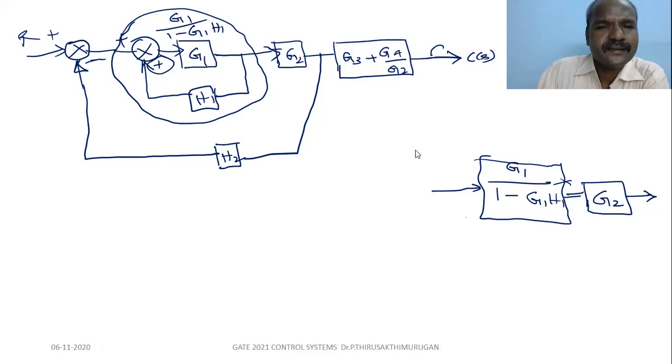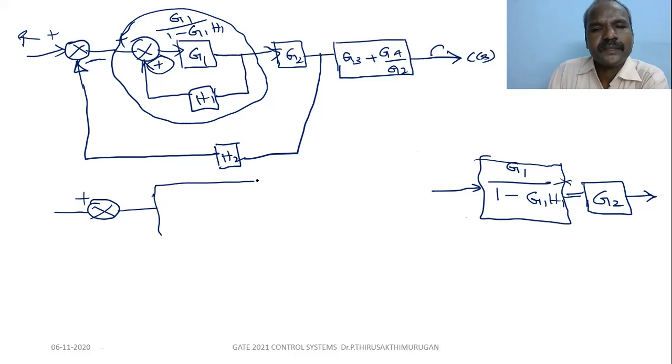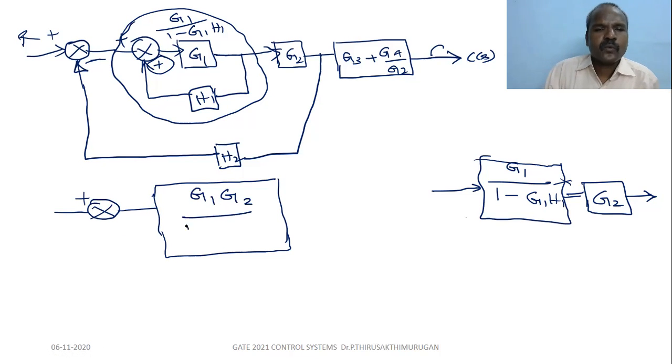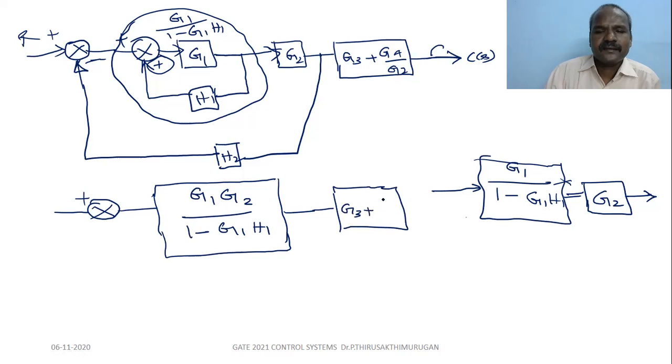If you multiply that, the entire block diagram is reduced to G1 G2 divided by 1 minus G1 H1, plus G3 plus G4 by G2.